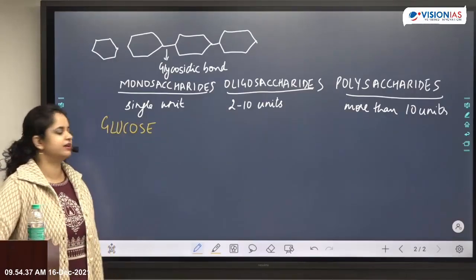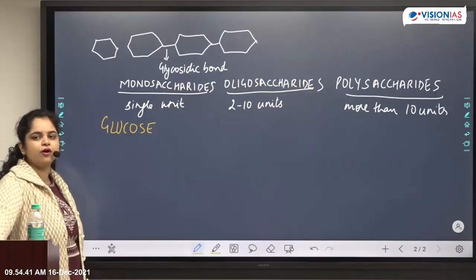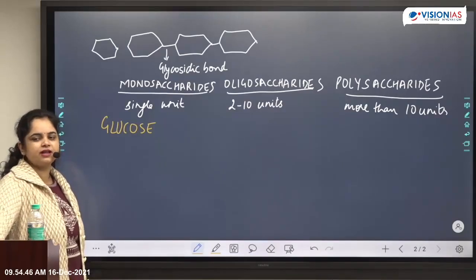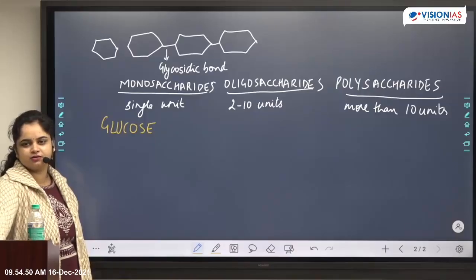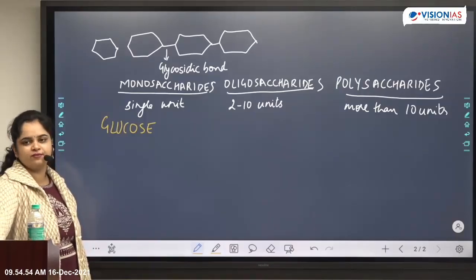So all organisms, plants, animals, bacteria, everybody will go to glucose for their energy needs. This is what the cells of the body will use. This is the form in which it will ultimately produce energy.